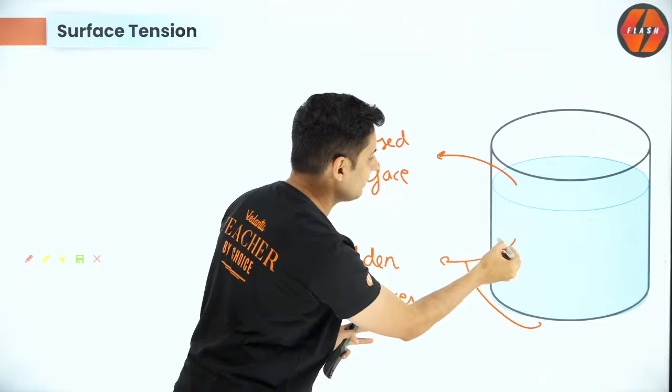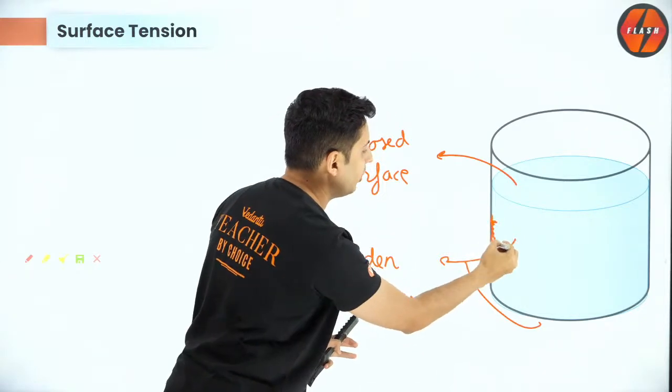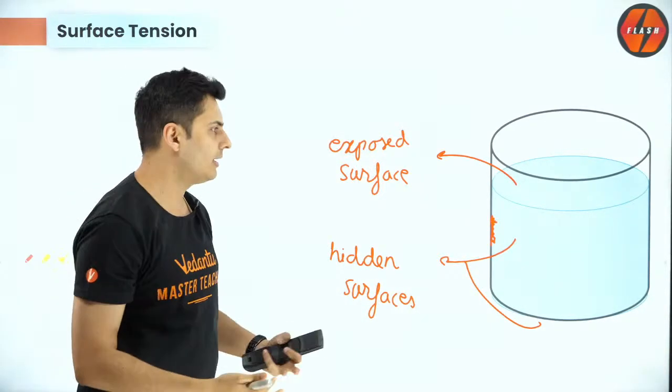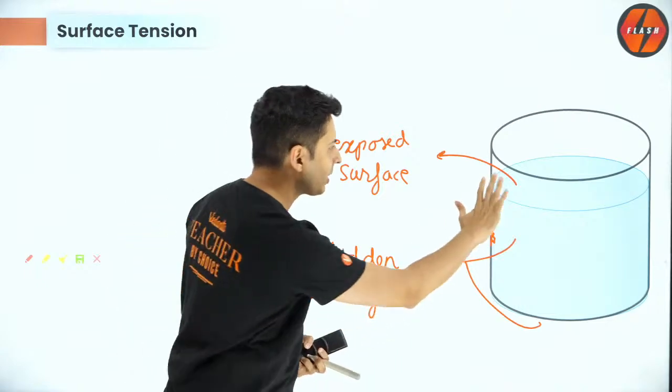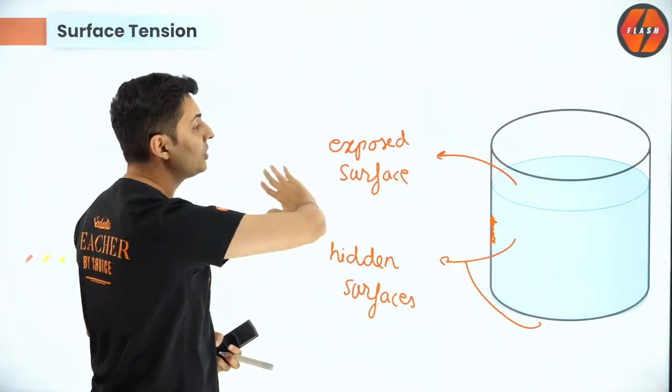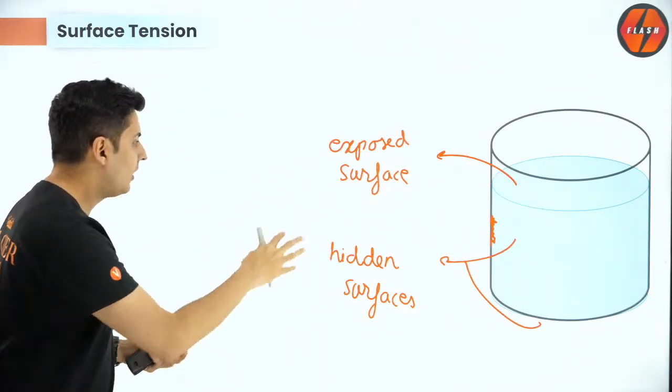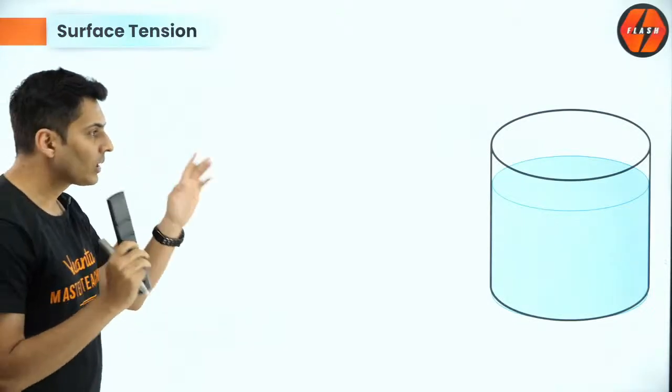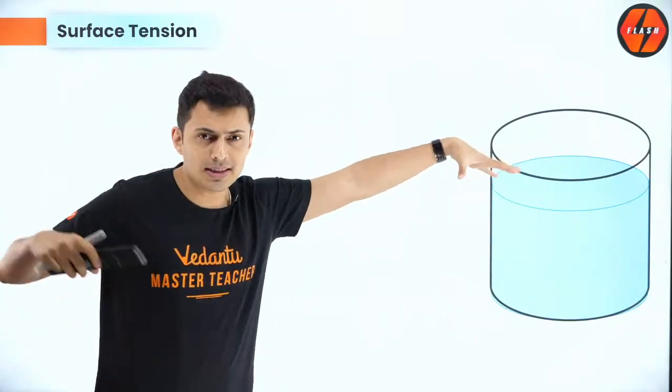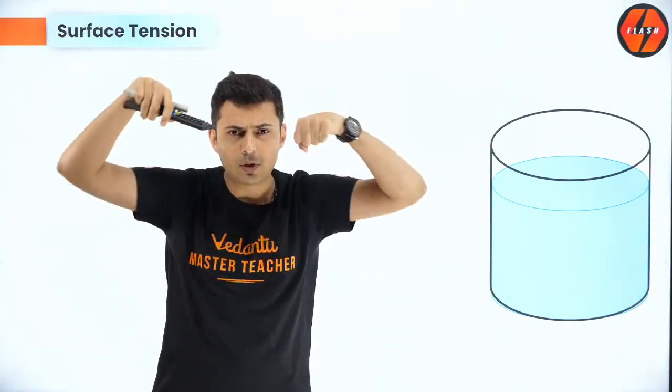There are molecules of the container over here, so they might make bonds over there, they might act very differently. So we are going to talk about them later on, but now we are only talking about those exposed surfaces. So understand this. Now, on that exposed surface, the surface will try to contract from every side.